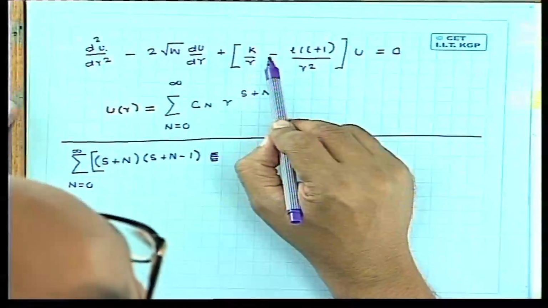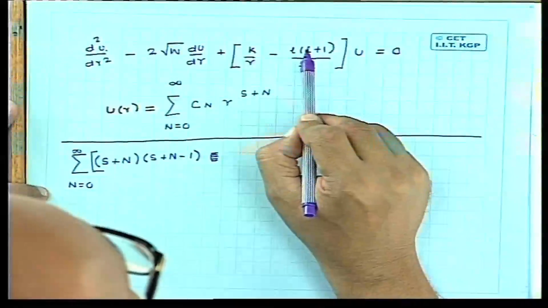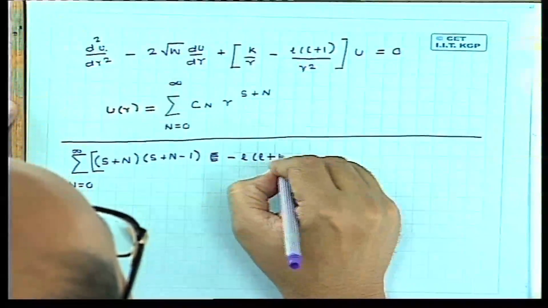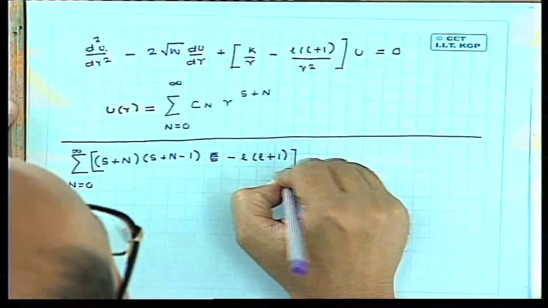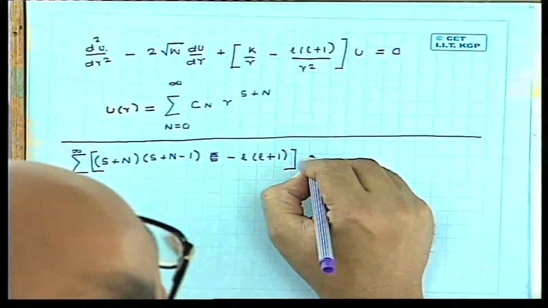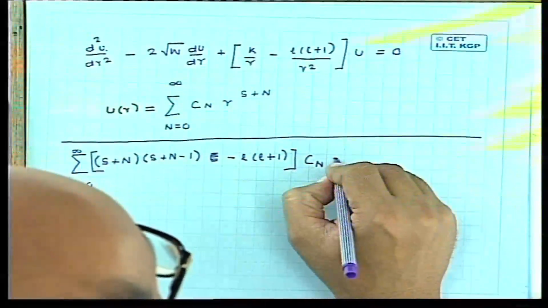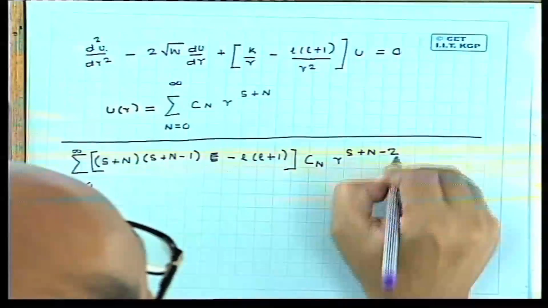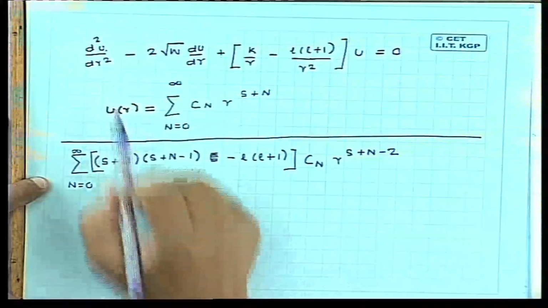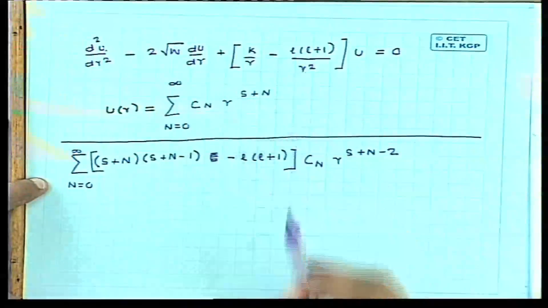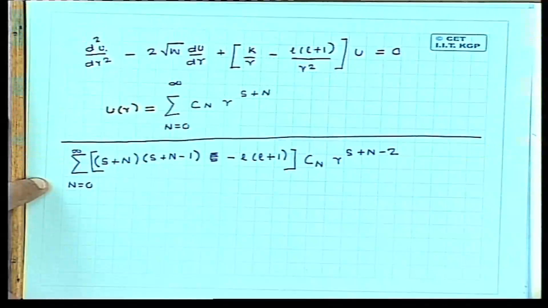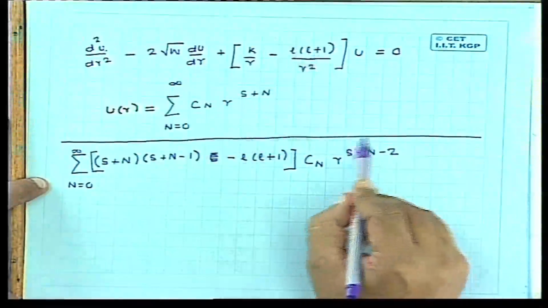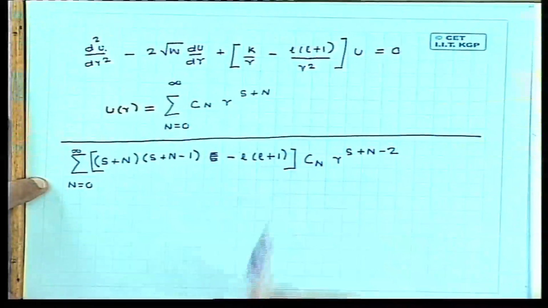Here I am going to have a coefficient minus L into L plus 1. So I have minus L into L plus 1, this whole thing into C n r to the power of s plus n minus 2. So this is this term combined with this term, and for both of these terms, the same power of r appears with the nth coefficient.